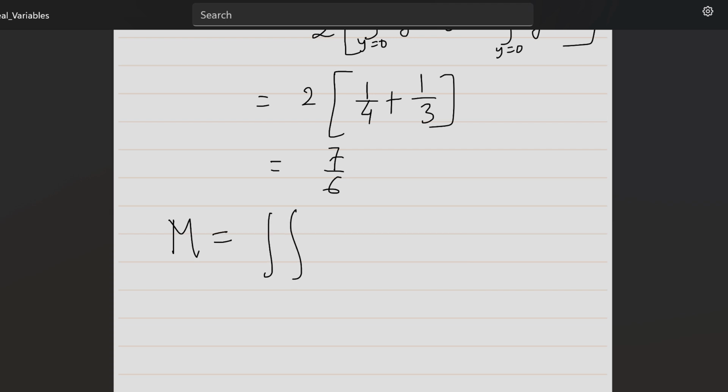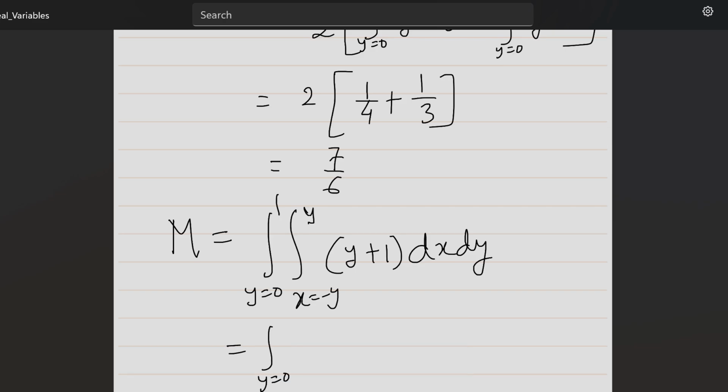And what is M? M is the integral with x from minus y to y and y from 0 to 1 of delta dA. Delta is y, delta means density. So this is y from 0 to 1 of y plus 1 into again 2y dy.